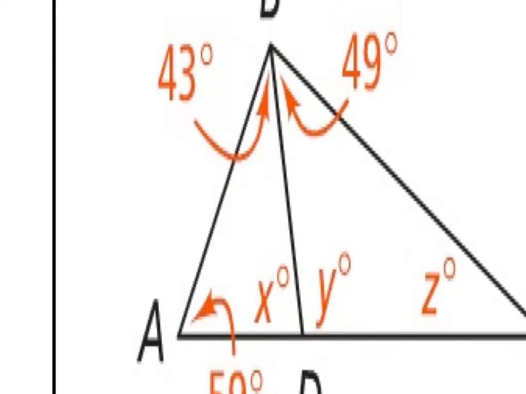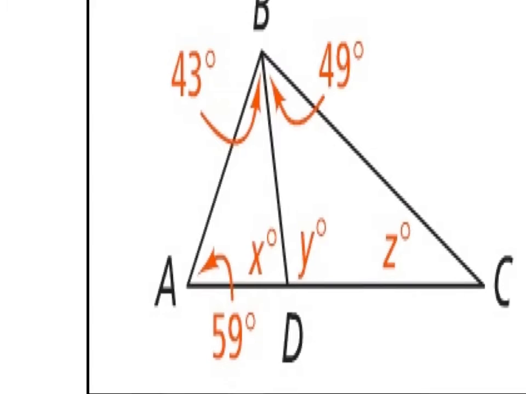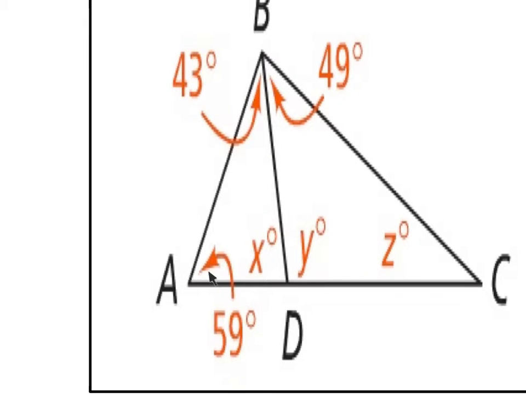In these problems, you want to find the triangle with two of the three angles in it, because if you can find two of the three angle measures, you can figure out the third angle. Remember, the three angles add up to be 180 degrees. On this left triangle, triangle ABD, I have x, and if I add that to 43 and 59, those three angles have to be 180 because they're the three angles inside that triangle.